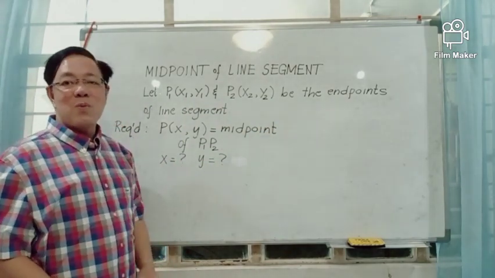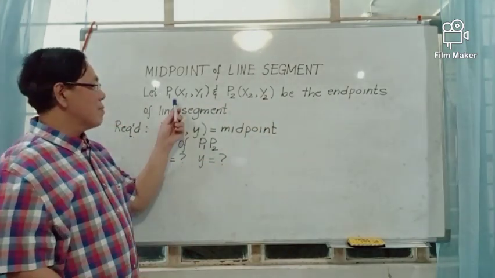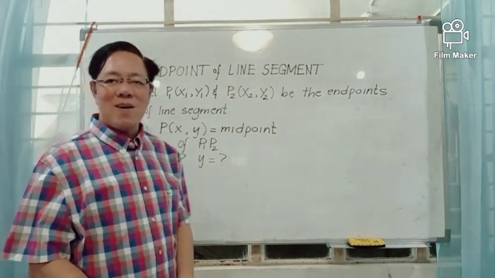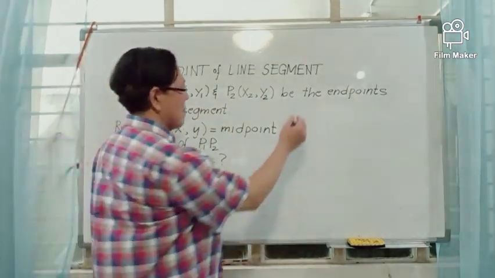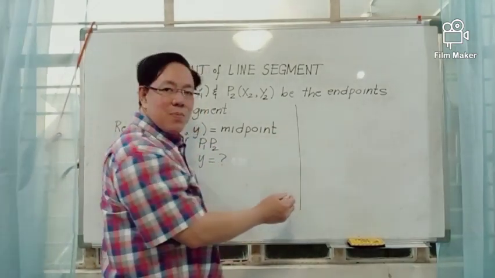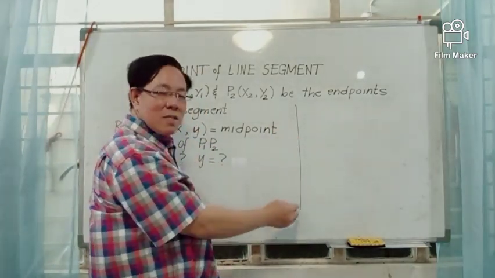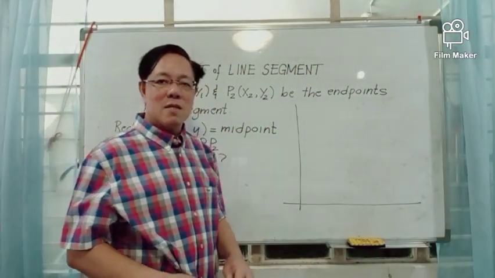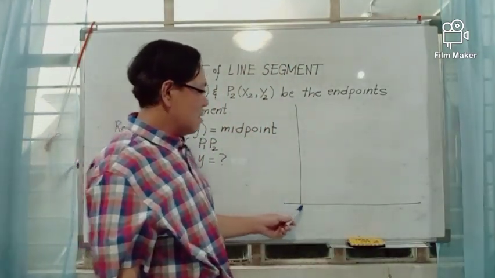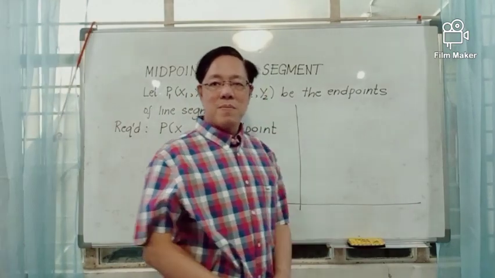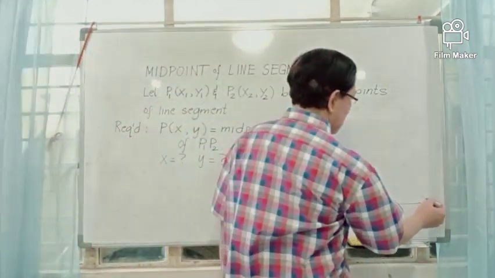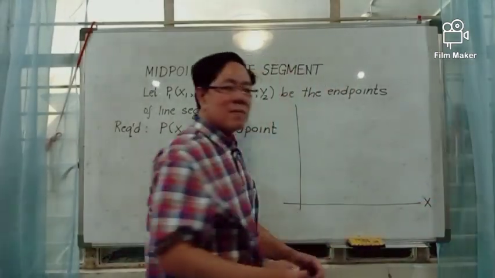To simplify, we draw the points P1 and P2 in the first quadrant of the Cartesian plane. The Cartesian plane consists of the vertical axis and the horizontal axis, in which we write the abscissa, the first coordinate of a point, denoted by x.